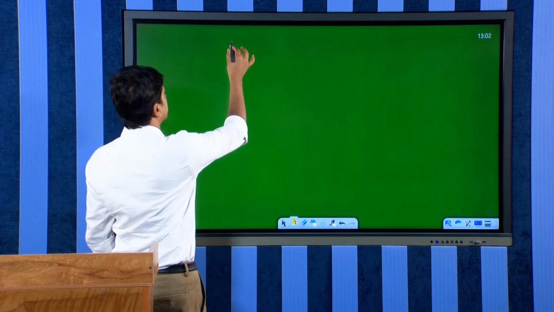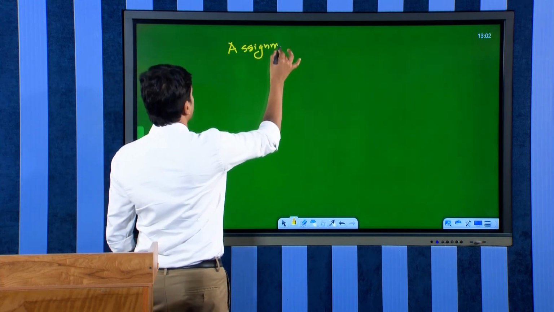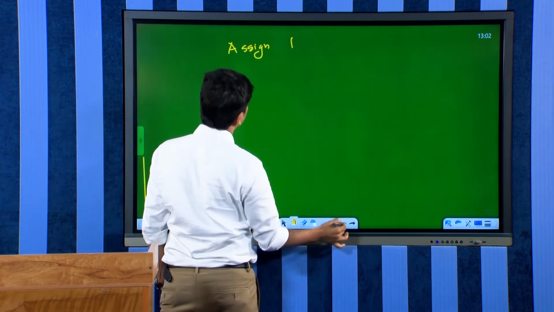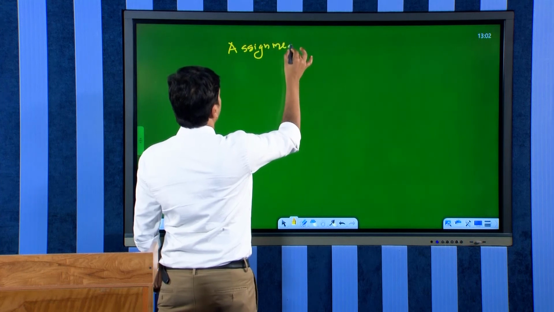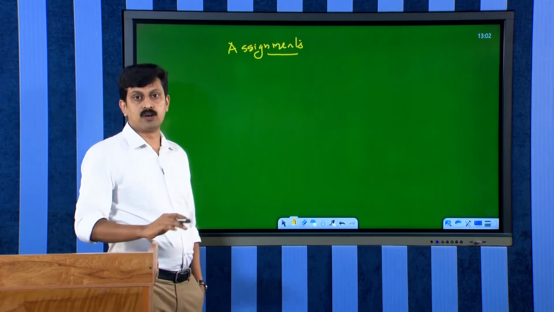I will give you some assignments, try to solve these assignment questions. That will make you more clear about the Euler Cauchy equation.